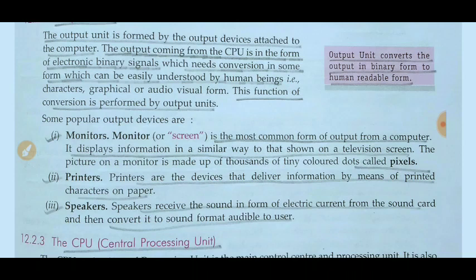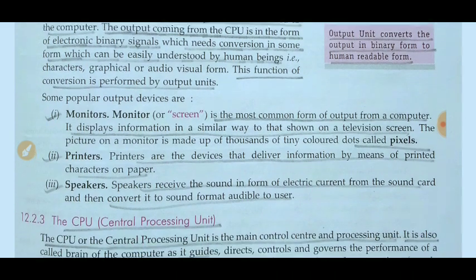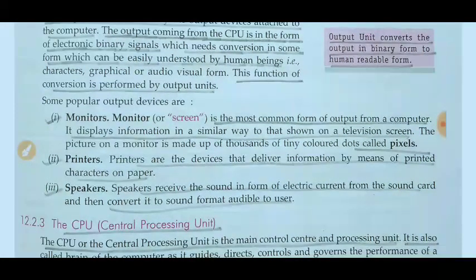Again, three are here. Monitor is a common form of output from a computer. It displays information in a similar way to that shown on a television. This monitor is used to display information in terms of soft copy, which you can only see. Clear? Then printers are output devices that deliver information by means of printed characters on paper.